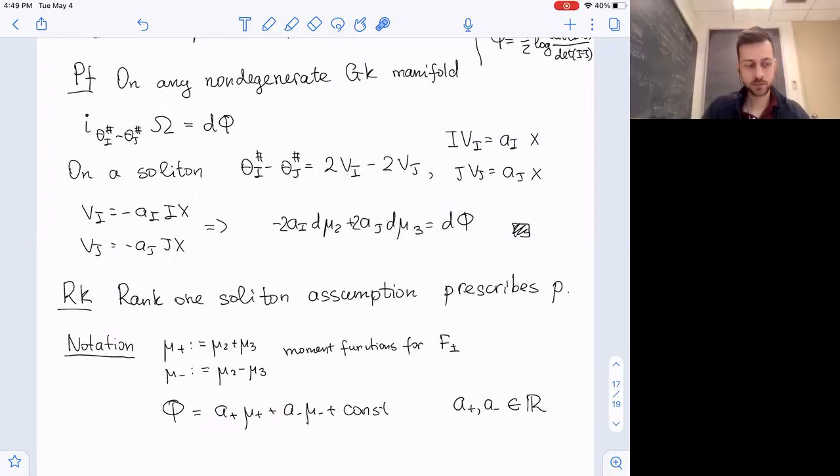Yes. Later on, when we will be resolving completeness questions, we will see that actually A plus and A minus are quantized. They can take on only a discrete set of values. But for now, for this part, this could be any real numbers.